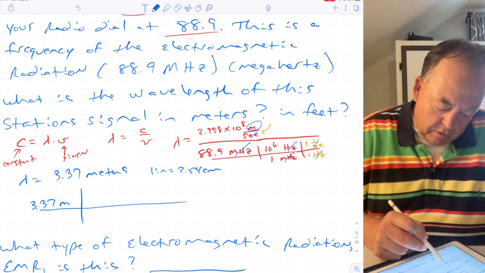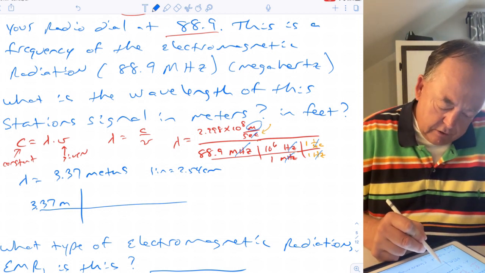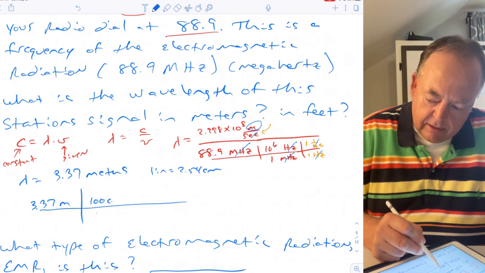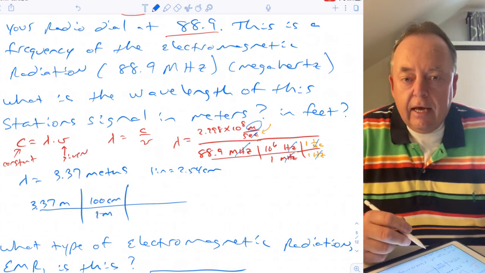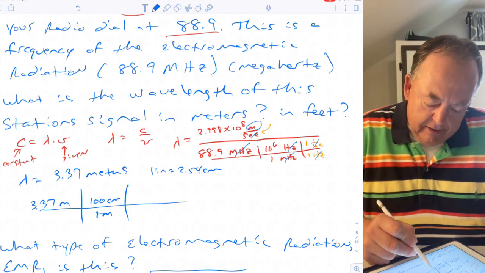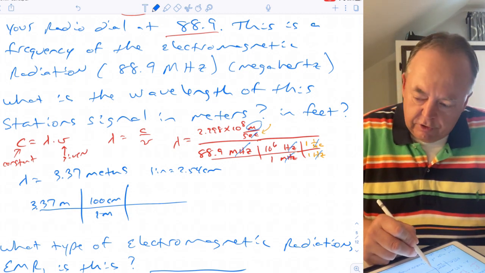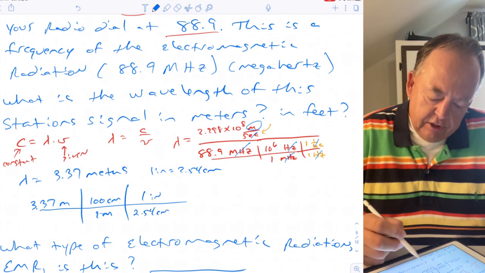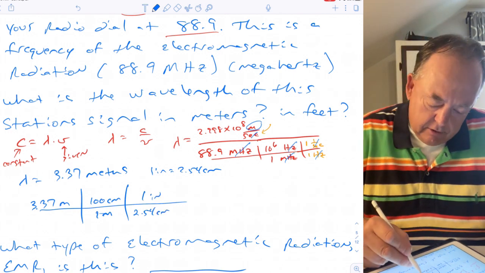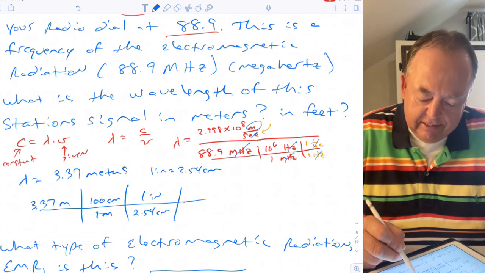So if we want to convert this to centimeters, there's 100 centimeters in 1 meter. So now my meters are going to cancel out. Now I'm in centimeters, and now I want the centimeters to go away. So there's 2.54 centimeters in 1 inch, so centimeters will cancel out. And then we can convert inches to feet, right?